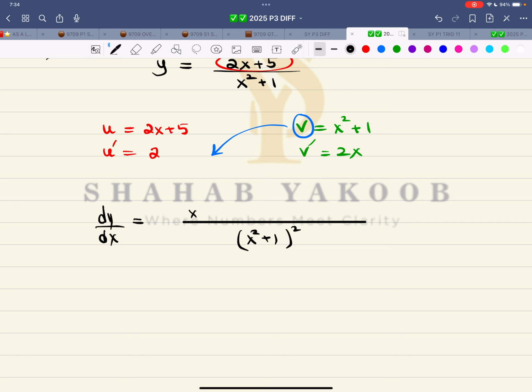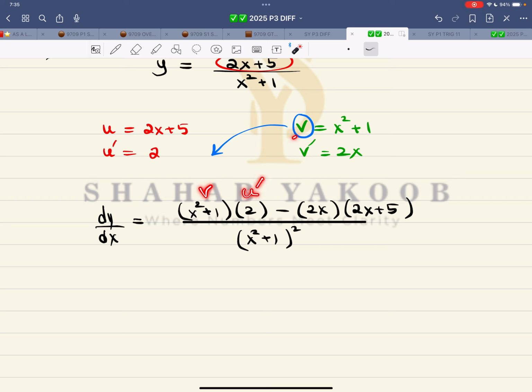So this is x square plus 1 into 2 minus 2x into 2x plus 5. Let me write it for you. This is v, this is u prime, minus this is u, and this is v prime, divided by v square.